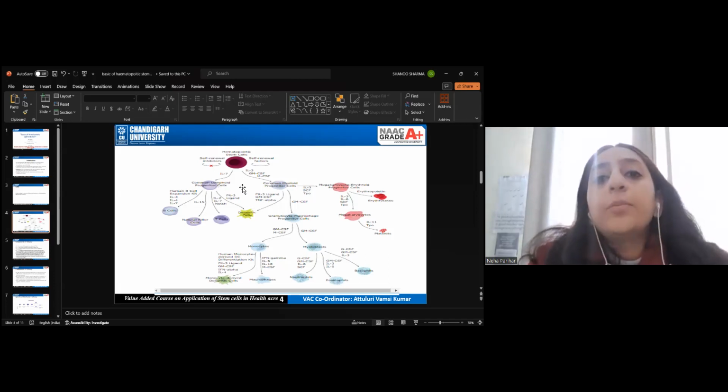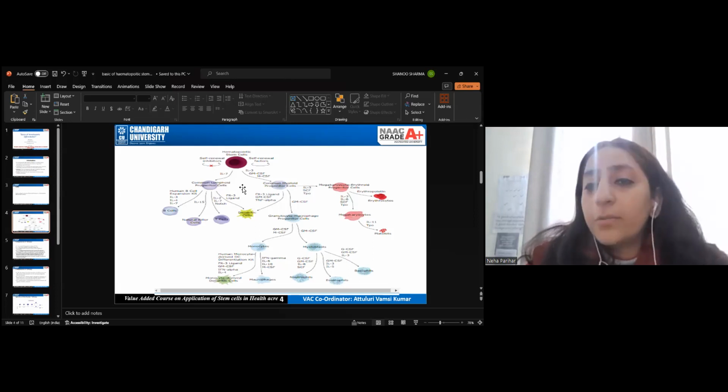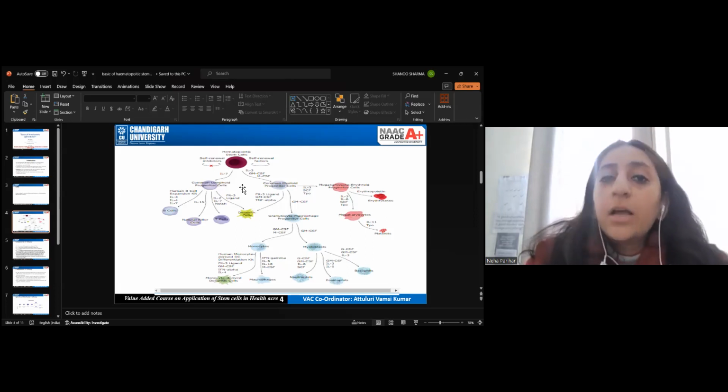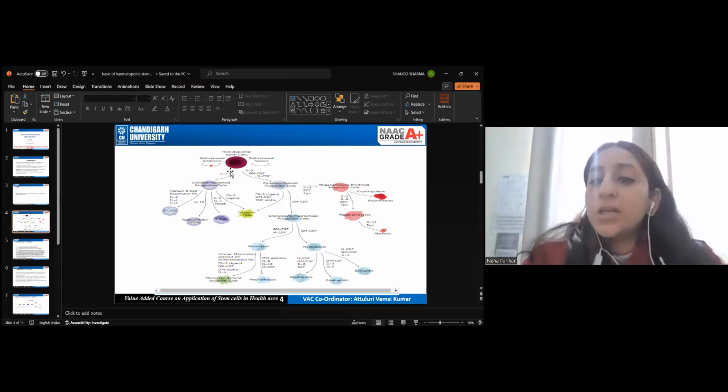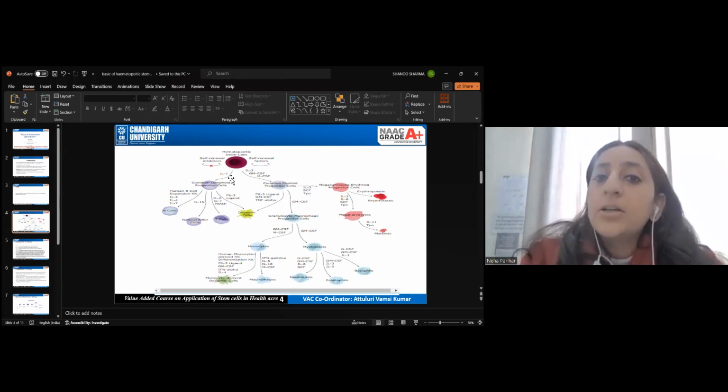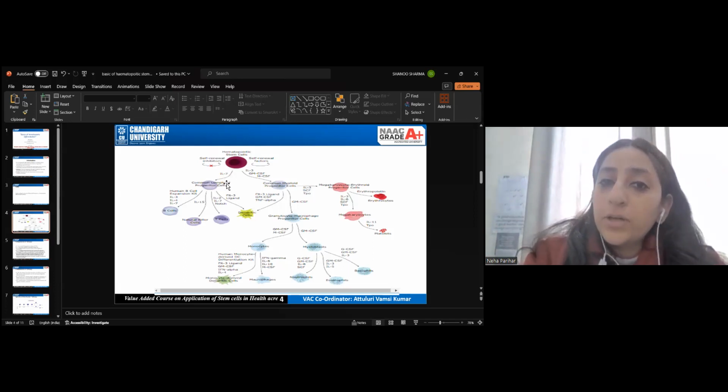Cytokines are small proteins which can lead to the formation of those cells, and interleukins are the small cytokines. It leads to the proliferation of the cells, and the interleukins are derived from those cytokines.